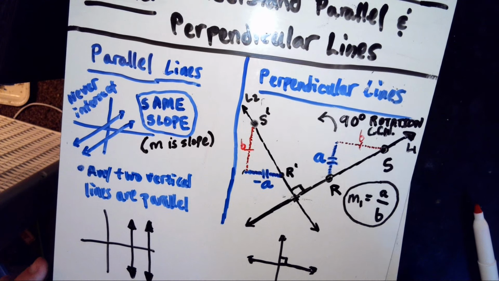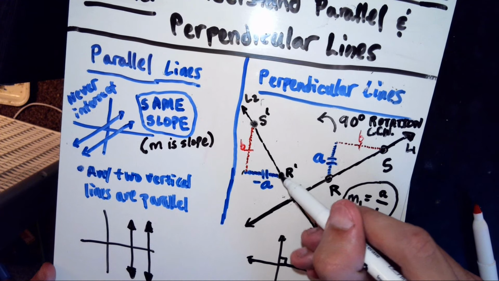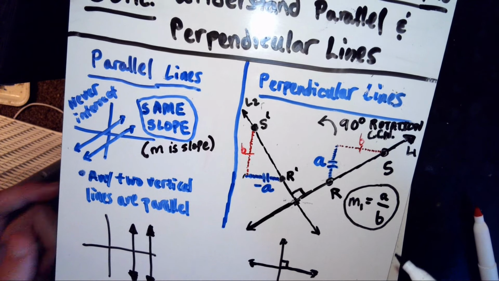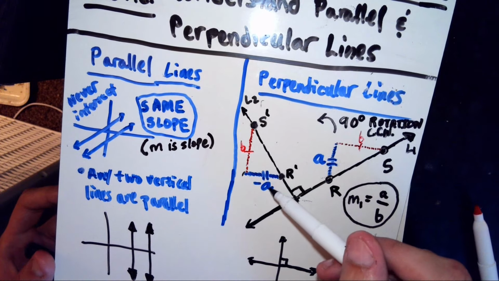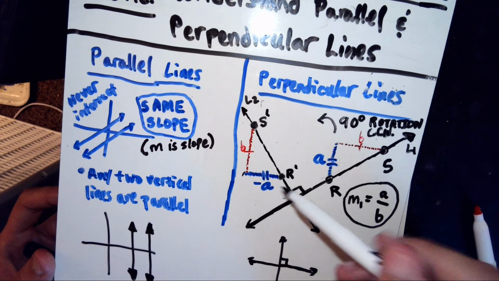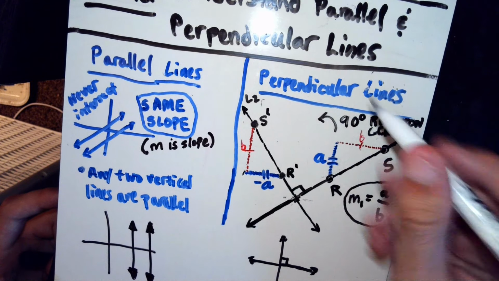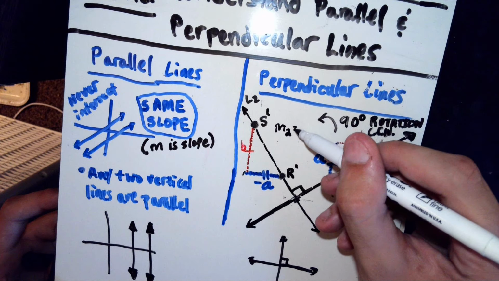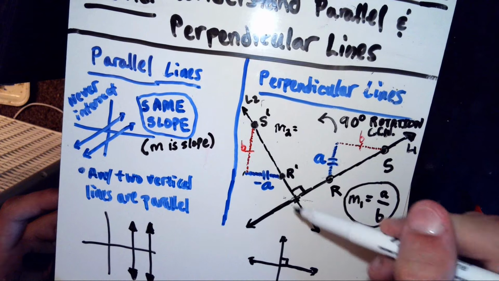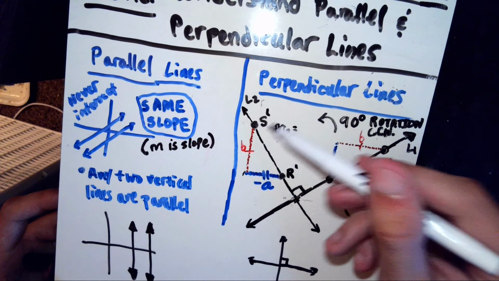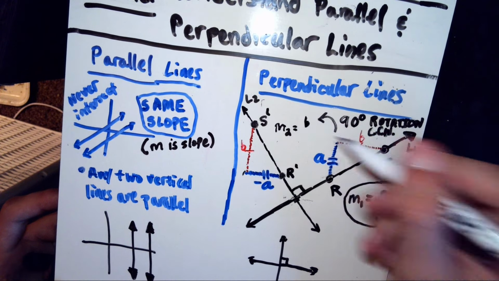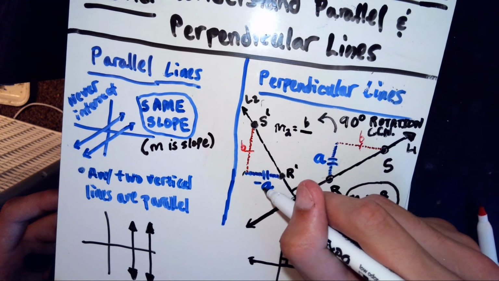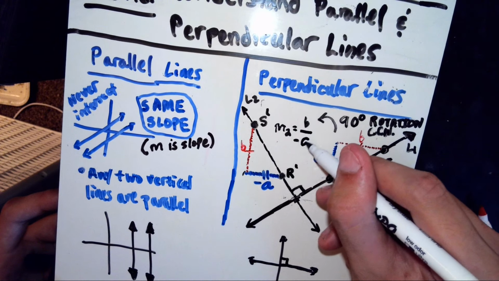Now that we've worked out the picture of L2, let's calculate the slope with the given symbols that we've drawn in the picture. So M2, the slope of line L2, is the rise. The rise is B, and then the run is minus A.